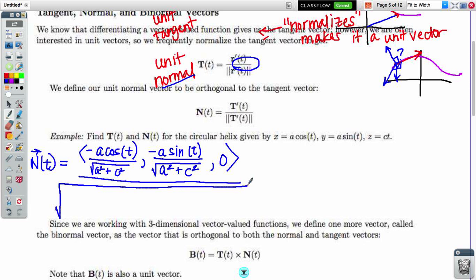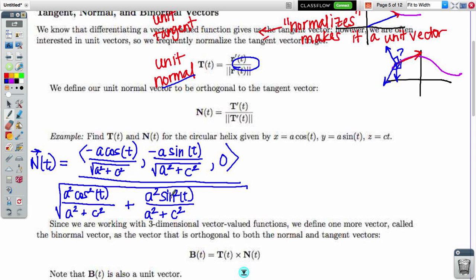So here's a big square root, and then I'm going to have a squared cosine squared of t on the top here, and then when I square the bottom, it just turns into a squared plus c squared. I'm going to do the same thing here, square this entire component. So a squared sine squared of t over, and square the bottom again. I don't need to do anything with the third component because it's already 0.